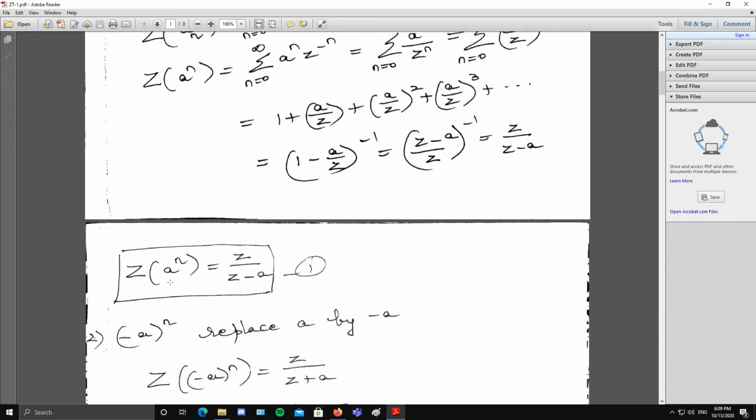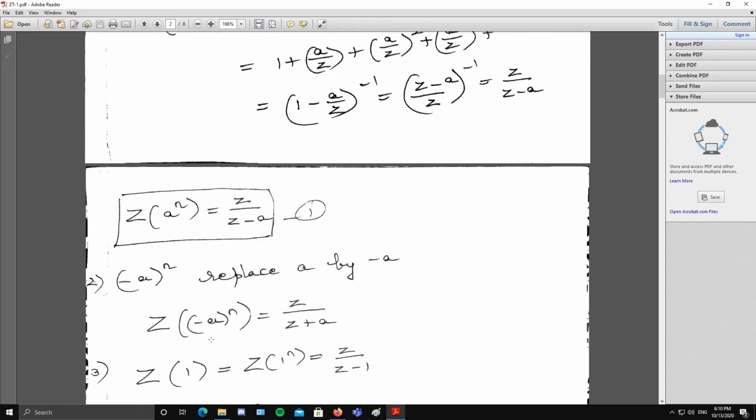Now if you replace a by minus a, the transform of (-a)^n is same as Z by Z plus a.